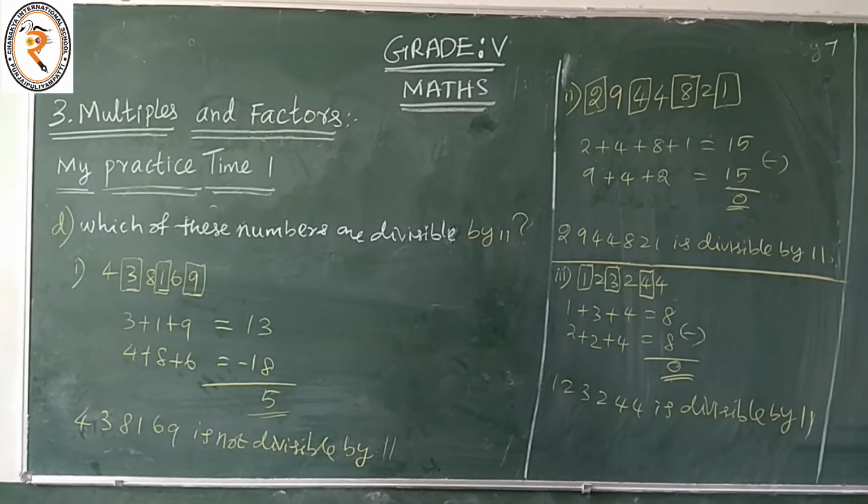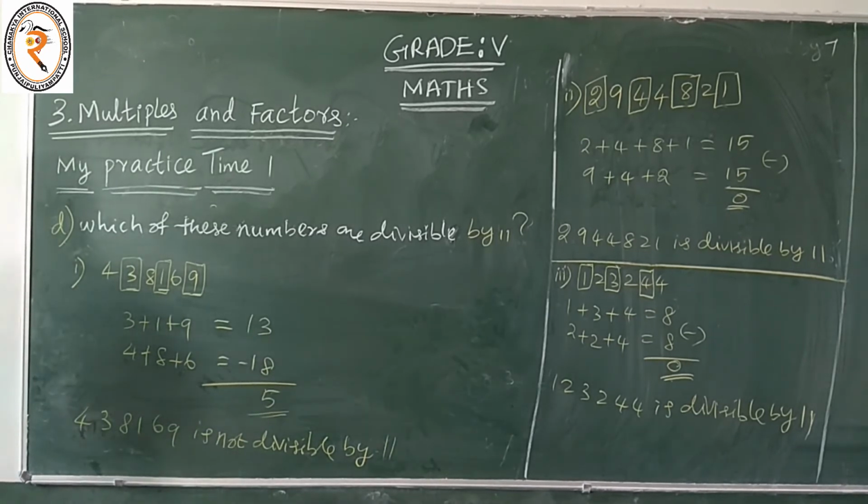Question number D. Which of these numbers are divisible by 11? Question number 1, 4,38,169.